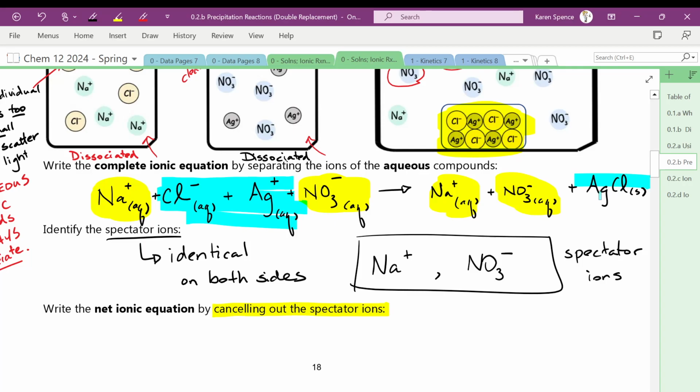And then over here, I have AgCl. So I'm going to write it like this. Cl minus aqueous plus Ag plus aqueous goes to AgCl solid.